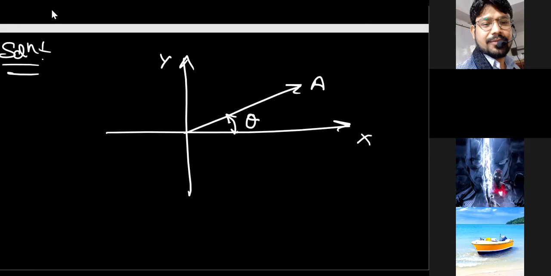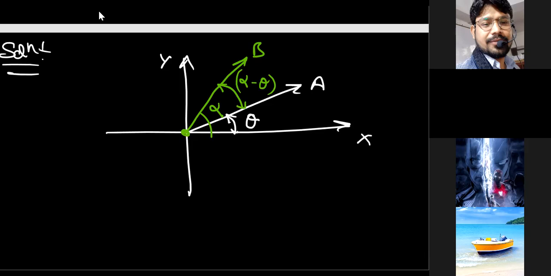And vector B makes an angle alpha from the x-axis. So in this case, both vectors are the adjacent sides of a parallelogram, then we use the law of parallelogram. And the angle between vectors A and B is alpha minus theta. You can very easily solve it.